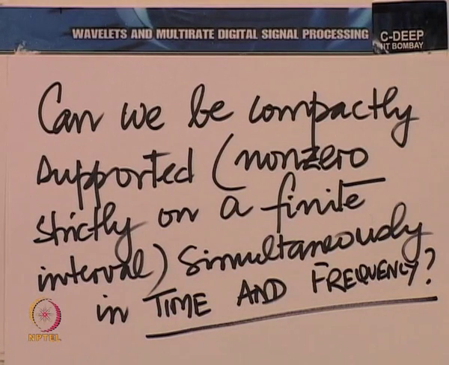And unfortunately, or maybe fortunately, because it opens up a whole new subject, the answer is no. If you talk about exact behavior, it is impossible to be compactly supported in both domains. That is not a very deep result in the theorems of Fourier analysis, though it is an important result.